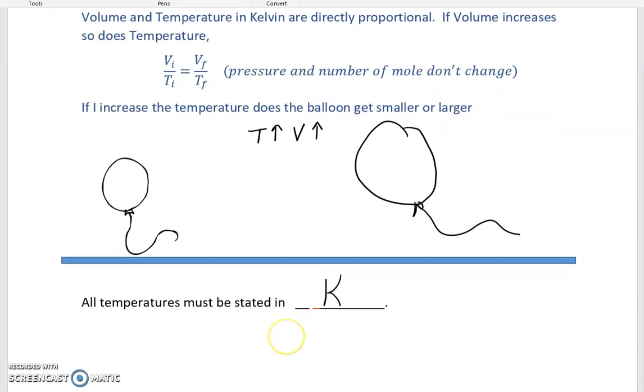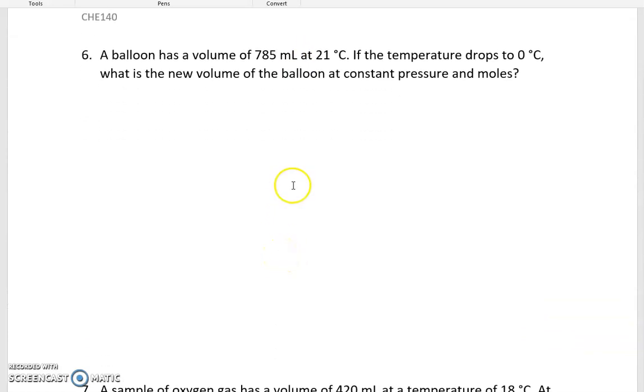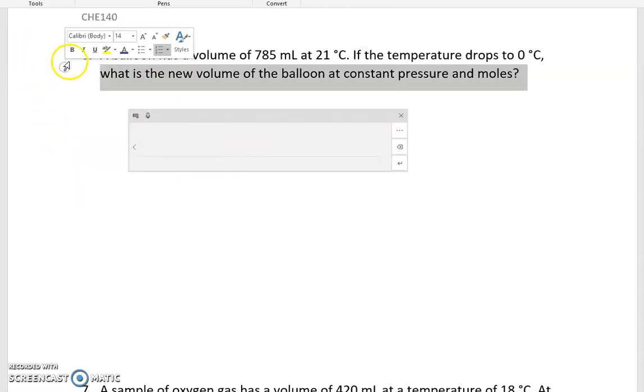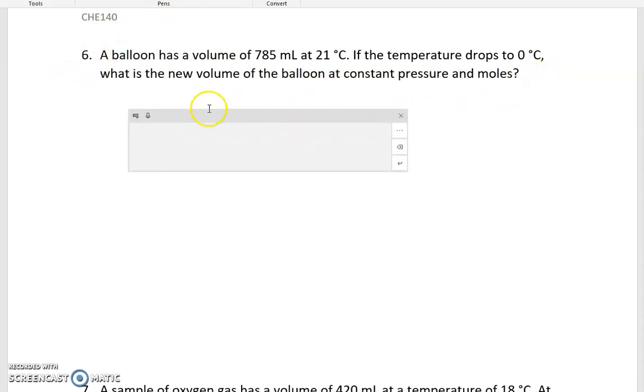So let's work our first problem. Like we did with the other problems, we're first going to start with a table. Okay, we'll start with the table.